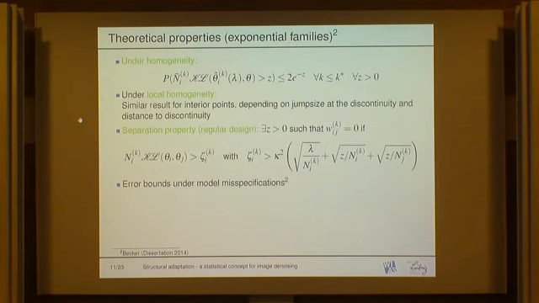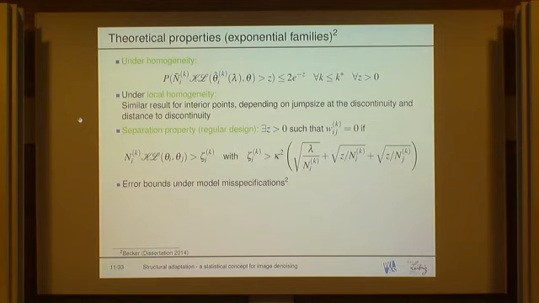It says if the model is correct and is correct globally, so we have only one region, then you can say exactly how, due to the choice of the parameter lambda, the procedure behaves. You get similar results on a local homogeneity if you exclude certain regions around the discontinuities.